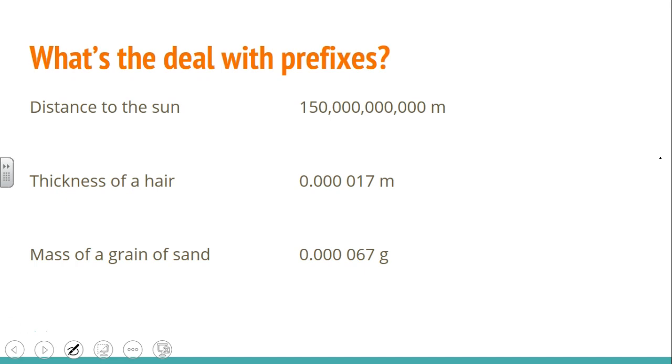So this is the deal with these prefixes. The human mind can only comprehend numbers that are so big and numbers that are so small. Let me tell you that 150 billion is a number that is too big for the brain to comprehend. If we had 150 billion of something, our brain wouldn't be able to comprehend what we see.